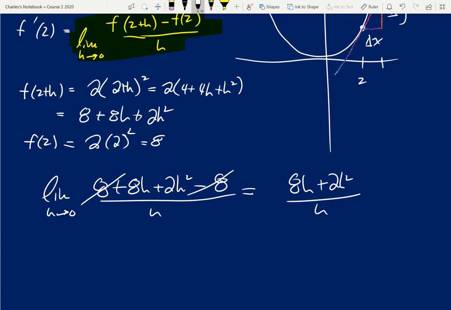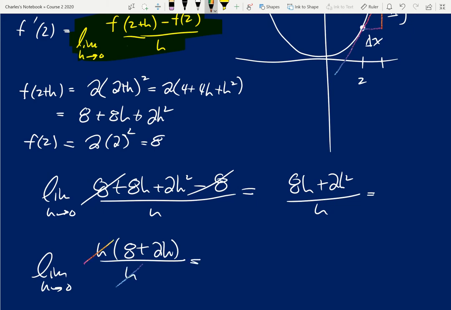And that's convenient because we're going to end up with kind of the same process in all these, where I'm going to factor an h out of the top. So now I get h times 8 plus 2h, divided by h. Okay? And now I cancel those, and I get limit as h approaches 0 is equal to 8.